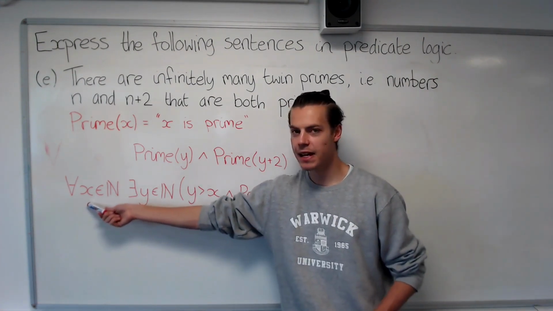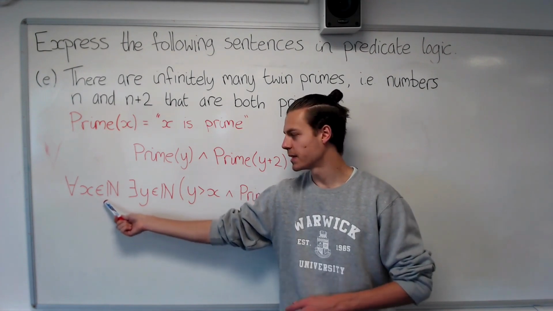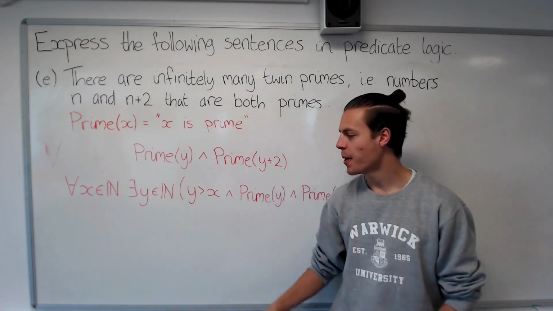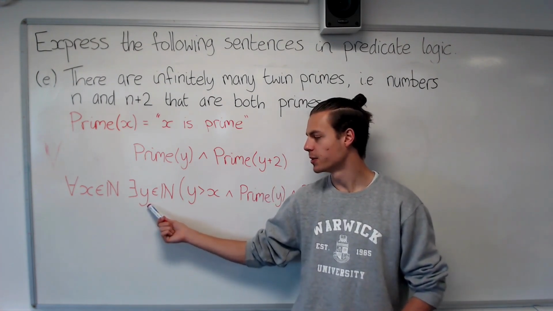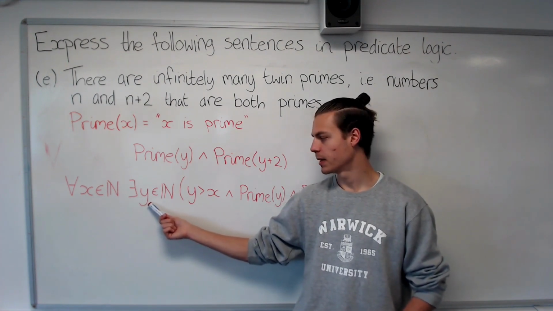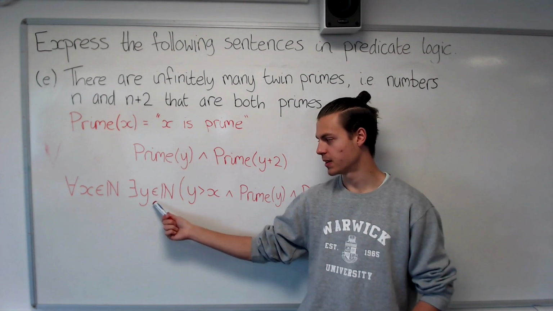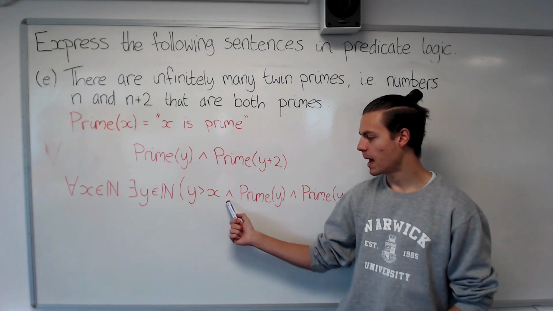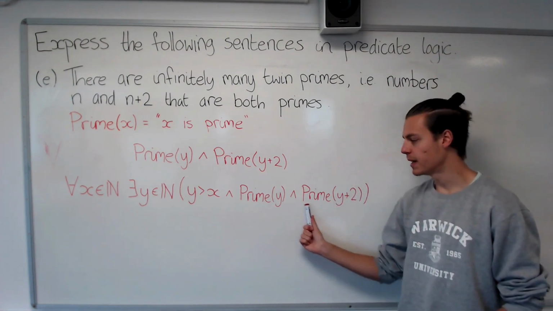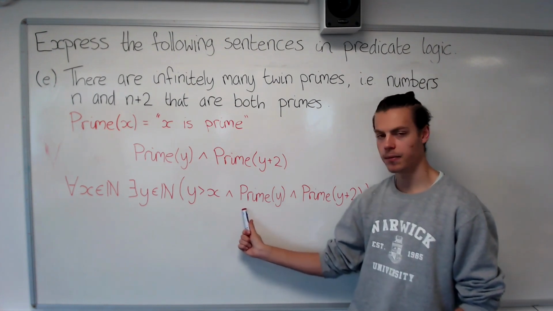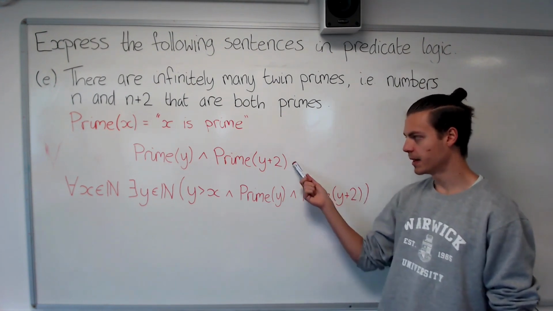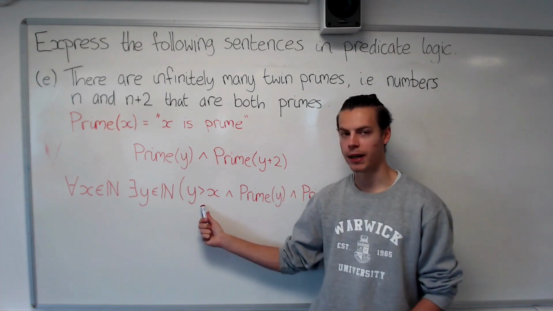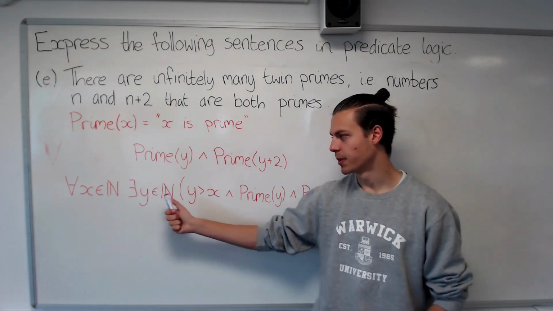Right, so for any x taken from the set of natural numbers, so for any natural number x, there is some natural number y such that y is greater than x and y is in a twin prime. Yeah? So we've expressed this statement here, that y and y plus 2 are twin primes. And we're also saying that y is greater than this natural number x.